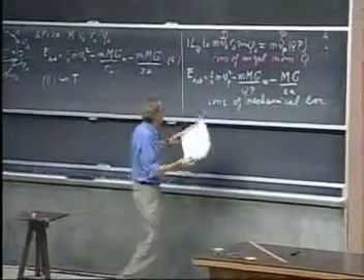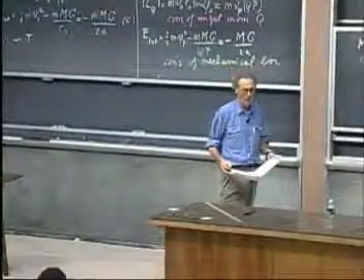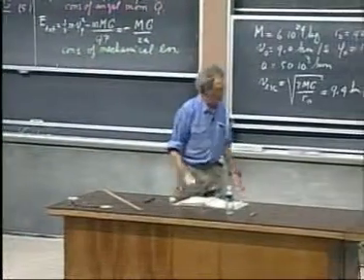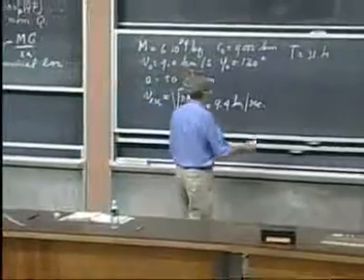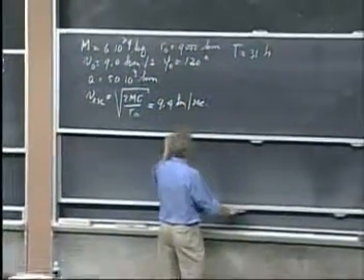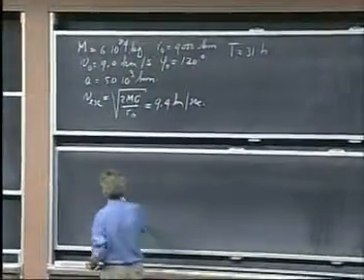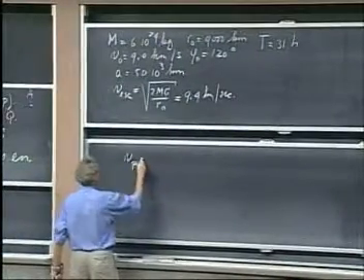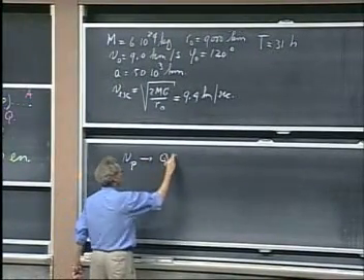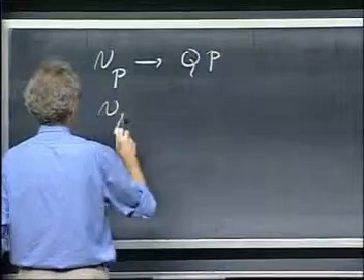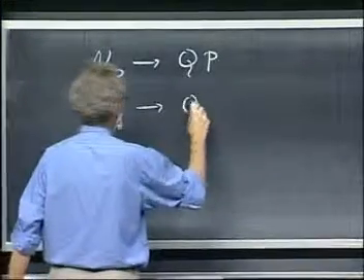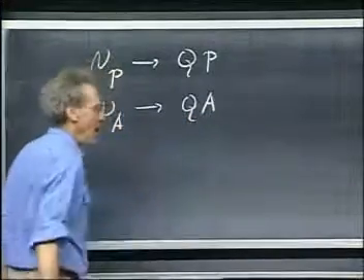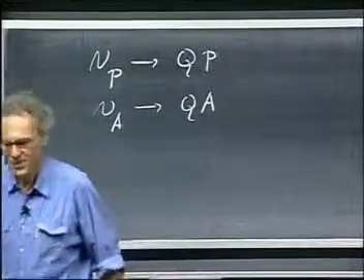Notice that this second equation is a quadratic equation in V of P. So you're going to get two solutions. And the two solutions, one V of P will give you the distance QP. The other one will be VA, which gives you the distance QA. How come that we get both solutions?